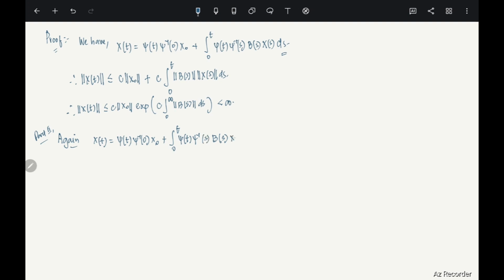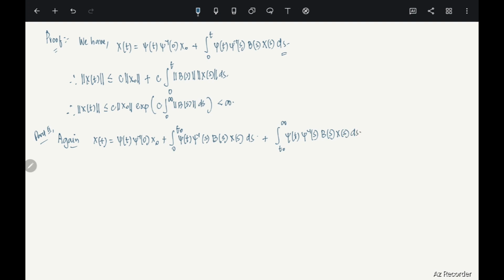And x of s, d of s. Is it okay? So basically what we are going to do with this, I am going to do it from 0 to t0, plus, I will just break it up, t0 to infinity, phi of t, phi inverse of s, b of s, x of s, ds. Is this okay? This we can write.